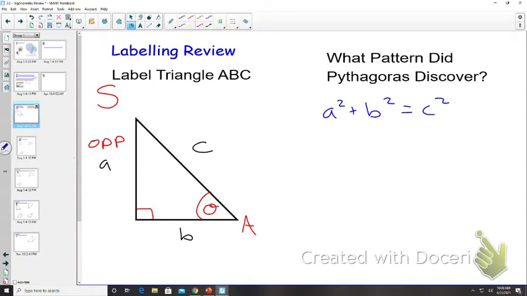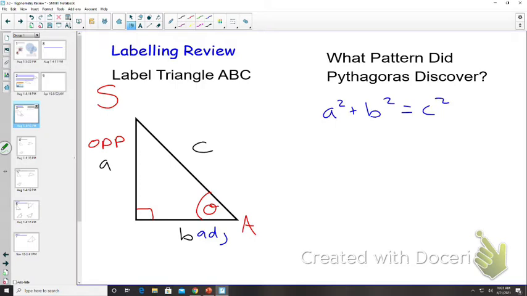We also have an adjacent side. Do you guys know where the adjacent side goes? On the bottom, where B is. The reason for that is the adjacent side attaches the angle that we know to the right angle. Okay, then what have I left out?